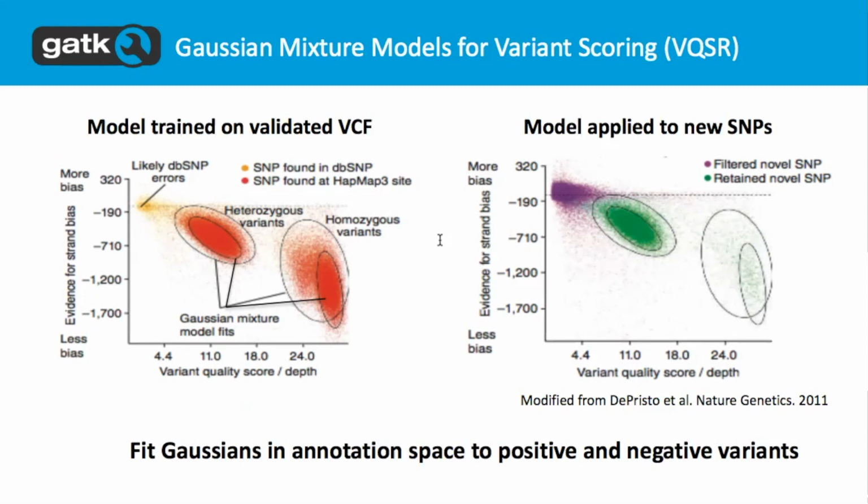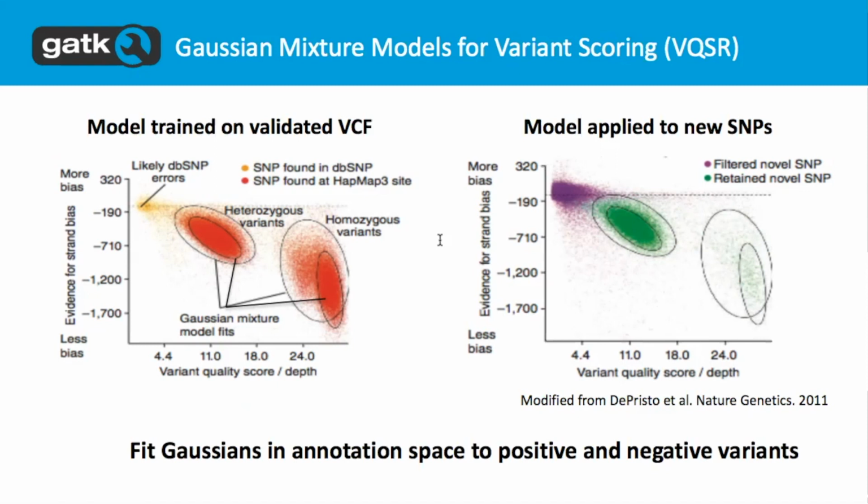So we fit 5 Gaussians to only the good variants, and then after we've done that, we look at everything that's outside of those 5 Gaussians, and we say, well, those are bad variants, and we fit another Gaussian mixture to those. So now we have two models: the model for the good variants, and the model for the bad variants. And now, given a new variant, if you want to assign a score to it of how good we believe it is, the VQSLOD score, we just take the ratio of the good model to the bad model.